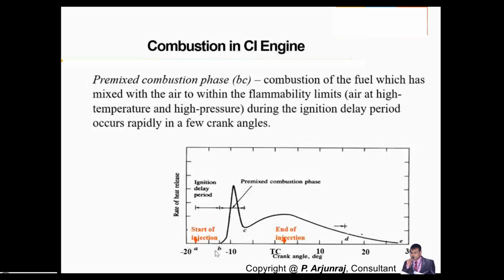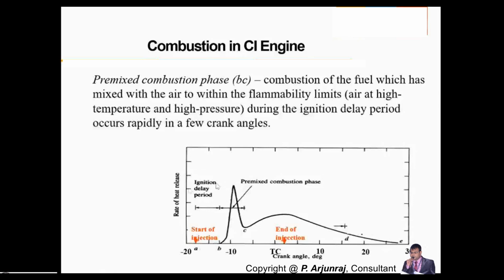In the ignition delay period, you will not get the peak pressure, but it will try to form a peak pressure well before this also. Even at this stage it will try to form a peak pressure. At each and every stage it will try to form, but it will not form, because it needs to have some delay.